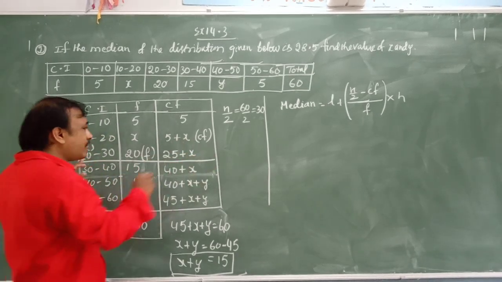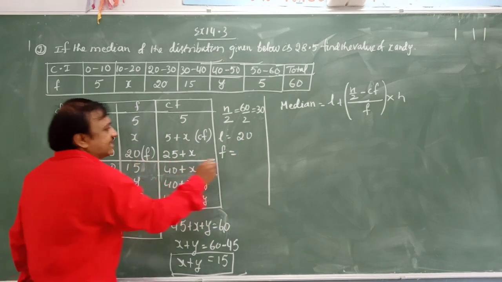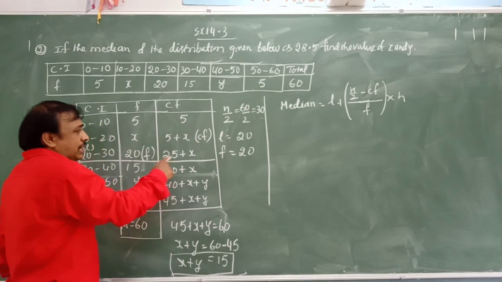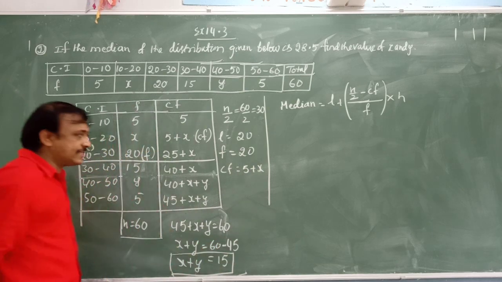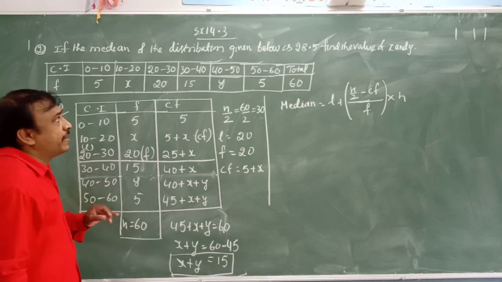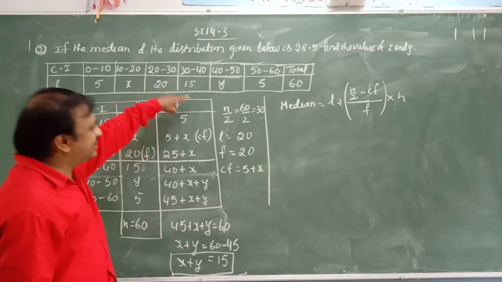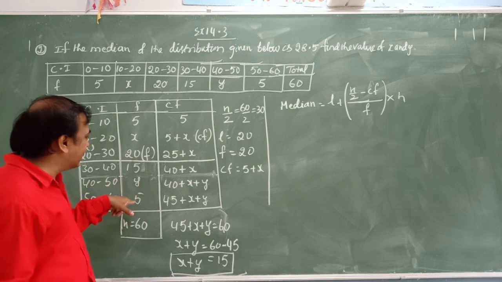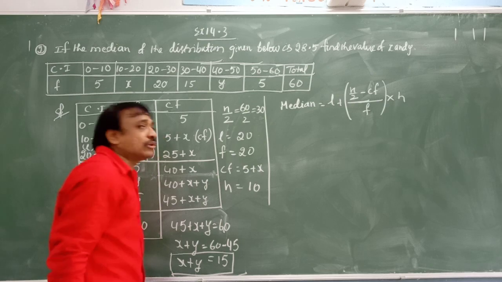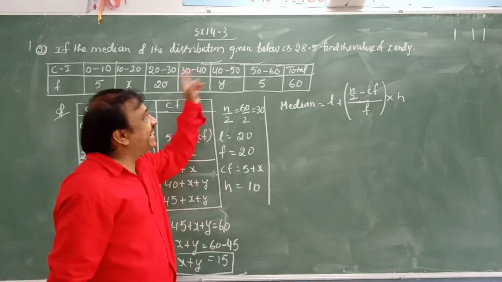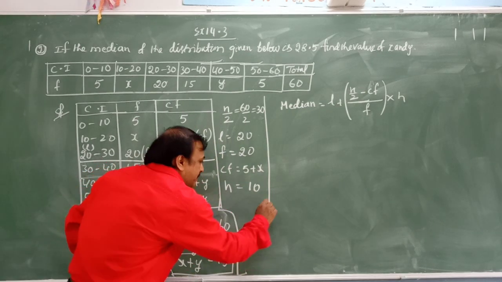Now L is equal to 20, f is equal to 20, and CF is nothing but 5 plus x. Then h is the class size, which is 10. And the median given in the question, we also write here. Observe it.